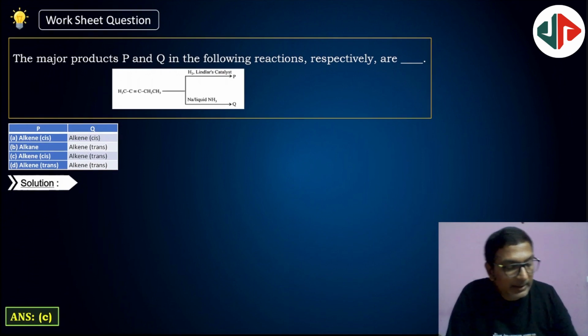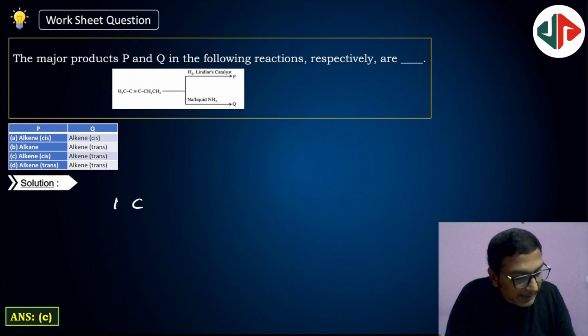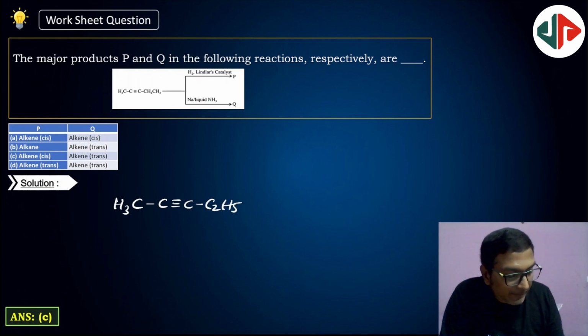The major products P and Q. So here it is given CH3, C triple bond C, C2H5. So first reaction, Lindlar's catalyst.